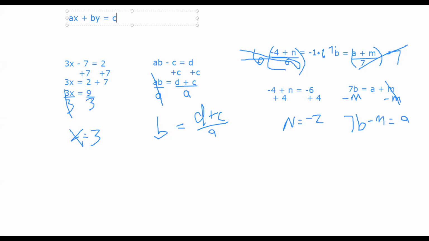Why would I do that? I'm trying to get the y by itself. I don't care about the c. No, we can't subtract b because by is multiplication. That's b times y. Remember, two letters right together, it's always multiplication. You can't split them apart unless you divide.